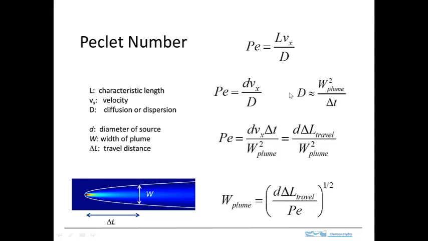And now the Peclet number is given right here. And so this is a number that we can determine up front. We can determine what the Peclet number is before we even solve the problem, because we know what the diameter of the source and the velocity and D are. So this gives us a way to anticipate what the width of the plume is as we move downstream.